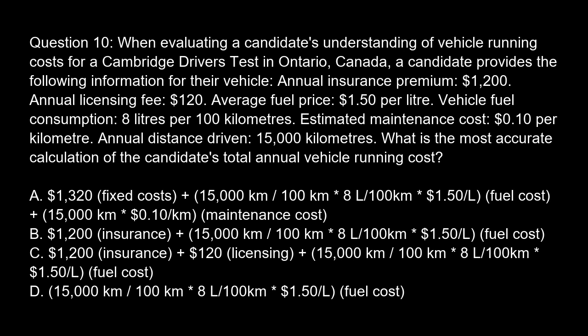Option C, $1,200 insurance plus $120 licensing plus 15,000 km/100 km * 8L/100 km * $1.50/L fuel cost. Option D, 15,000 km/100 km * 8L/100 km * $1.50/L fuel cost.